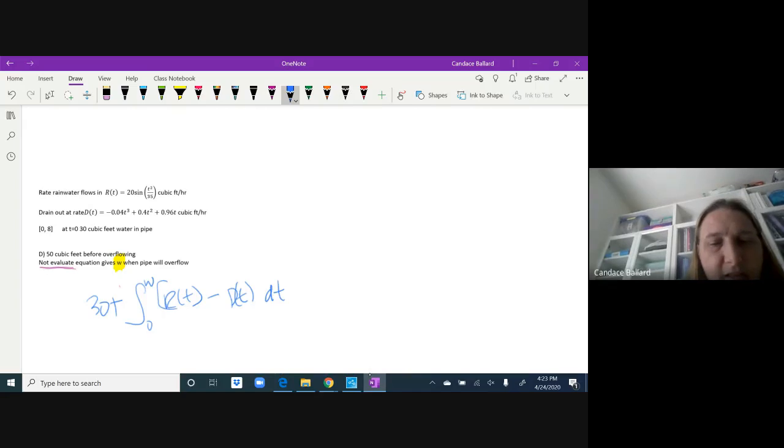Now, that's not an equation because they asked us to write an equation. That's just an expression. That's part of the equation. We have to figure out a mechanism to solve for W. So when I eventually integrate this, it'll be R of W minus D of W or whatever that is integrated. But they gave us what the total amount should be right there. So we're just going to set it equal to 50.